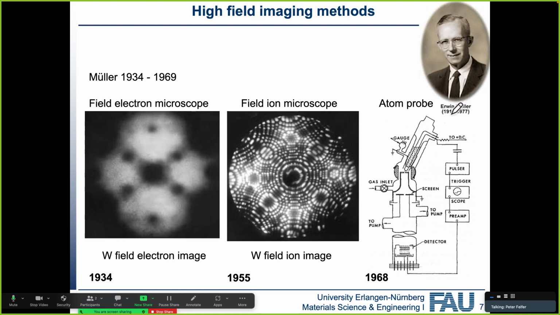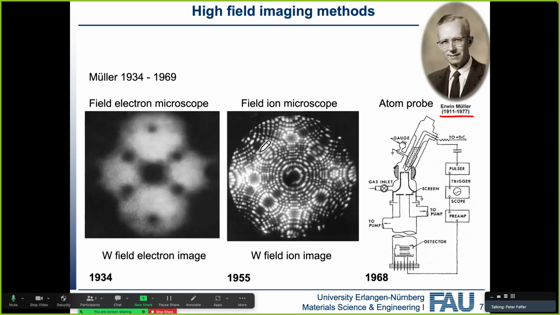Okay, so how did that evolve? Well, it's all very much connected to a guy named Erwin Müller, who is from Berlin and did his early work in Berlin. Essentially at that point they had a bit of a challenge going on in their groups of how to visualize individual atoms.